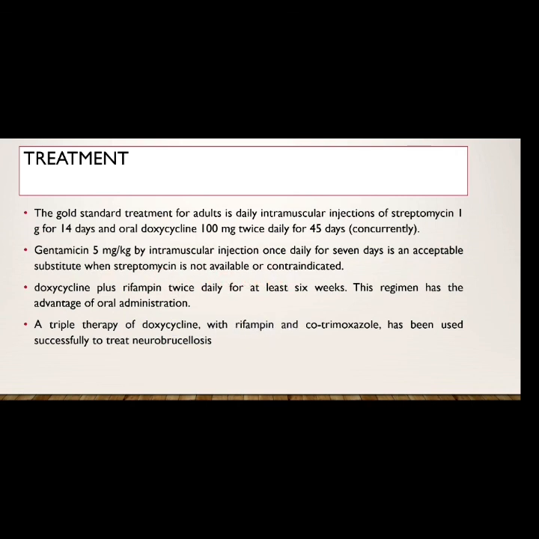So the combination of aminoglycoside, streptomycin with doxycycline, or if it is not available, we use the combination of gentamicin with doxycycline. Doxycycline plus rifampicin as oral therapy only, when they are used twice daily for at least 6 weeks. This regimen has the advantage of oral administration.